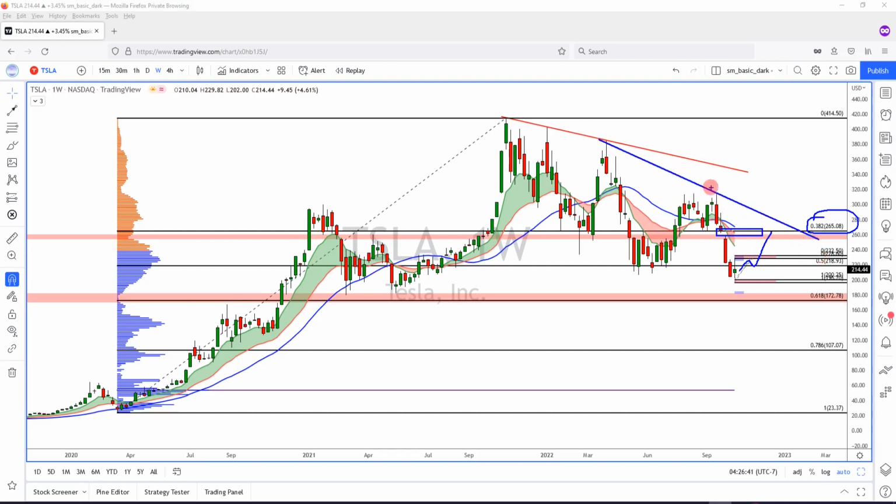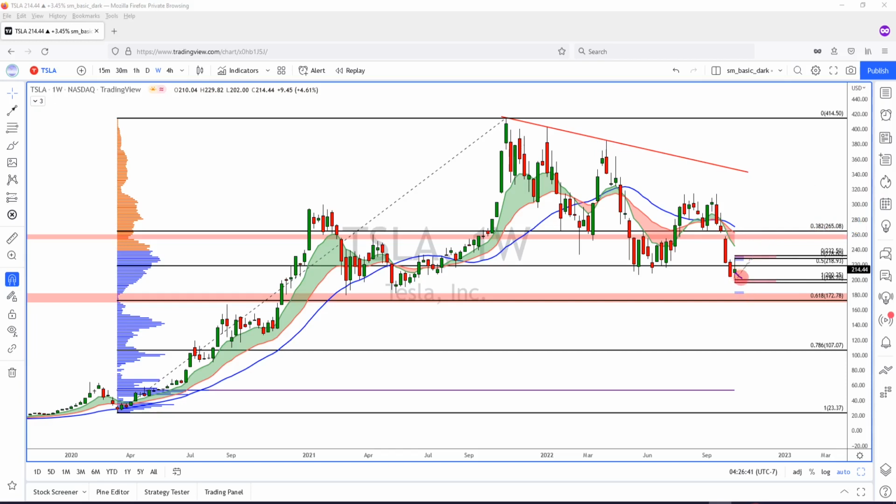And if we connect these points here, that's a possibility of potential resistance here at 0.38. Now, if we could get above this, then we may be looking at this trend line somewhere around the 320 area. But that's a little bit of a stretch right now. I'd be more concentrating on this 382 as the potential upside target for the swing trade.